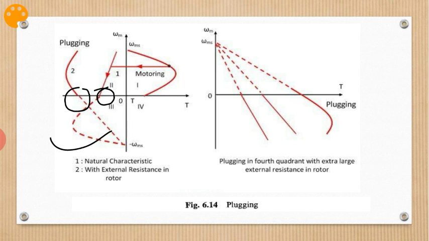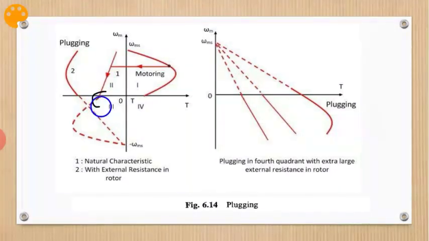When used for stopping the motor, it is necessary that the motor should be disconnected from the supply at or near zero speed. If you want to stop the motor at any point, here this is the natural characteristic, and this is with rotor resistance added to the rotor.